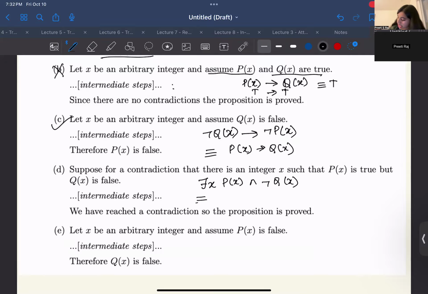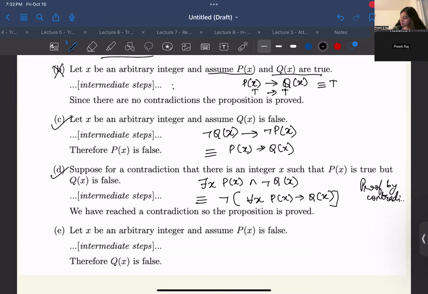And this is exactly the negation of the statement we need to prove, which is for all x, p of x implies q of x. So what they've done is they have assumed the negation of the statement they want to prove, and then they get a contradiction. And so this is essentially proof by contradiction. So this would be a correct proof technique. Okay. So D is good.